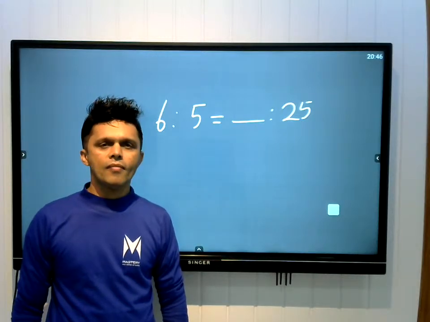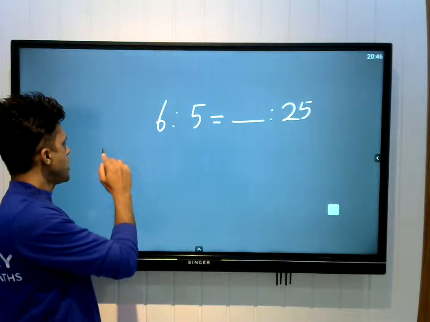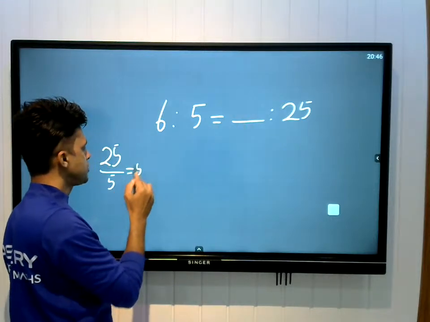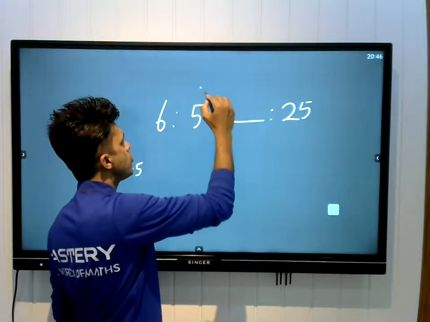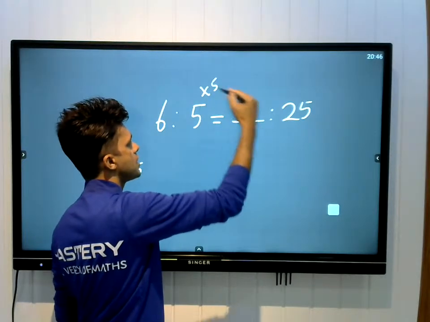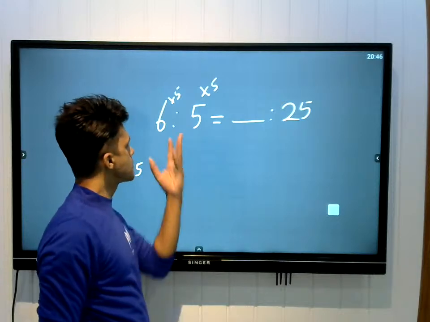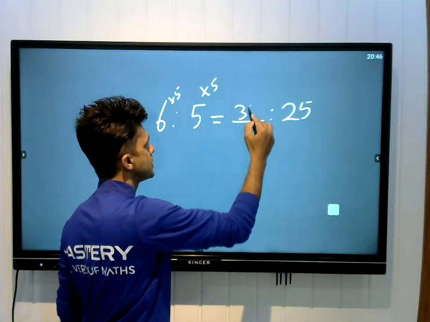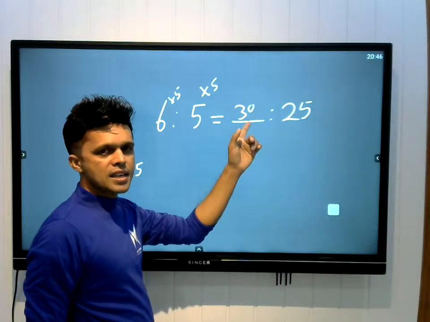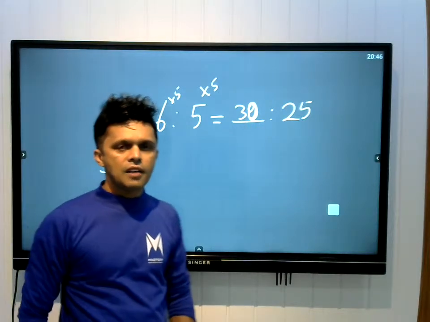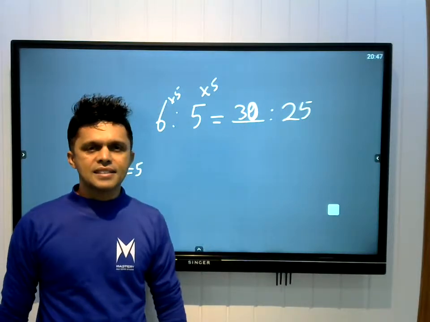You could divide 25 by 5, which is 5. So when you multiply 5 by 5, 5 times 5 is 25. The same digit can be taken to multiply here. 6 times 5 is 30. So here we could write 30. 30 is the number which can be taken in the blank.